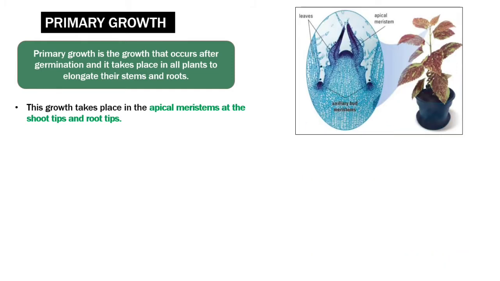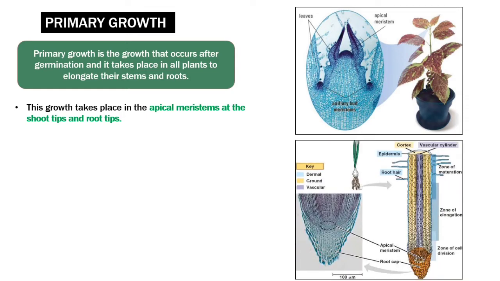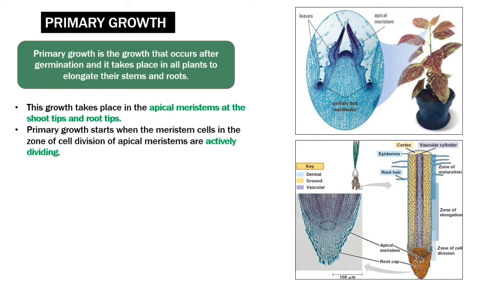So this is the apical meristem of the shoot and the apical meristem of the roots. Primary growth starts when the meristem cells in the zone of cell division of apical meristem are actively dividing. And then, this is followed by elongation and differentiation of cells.